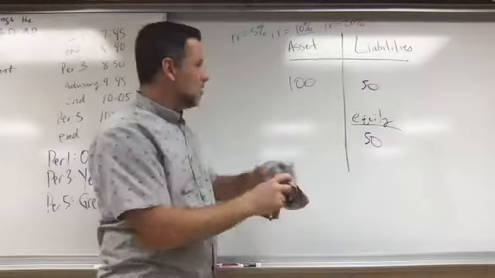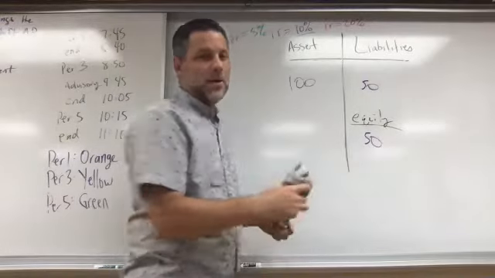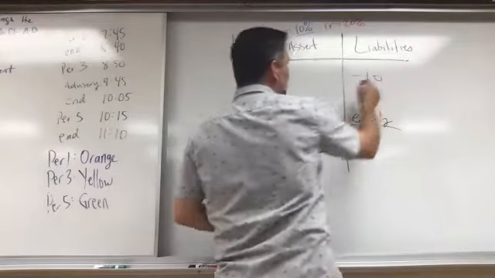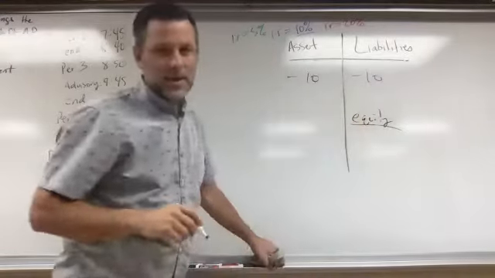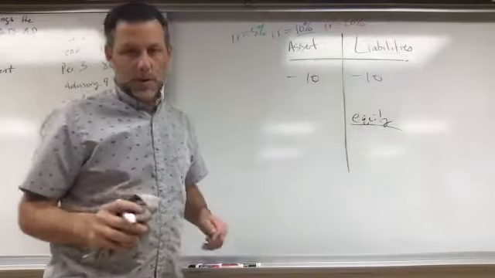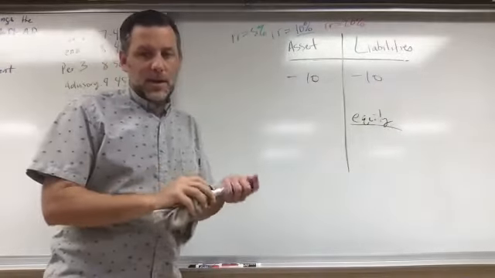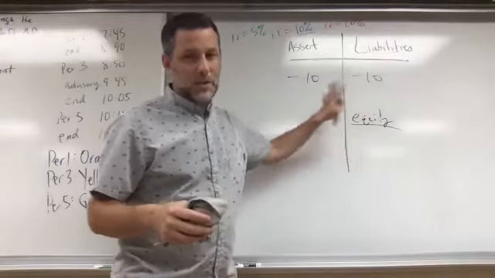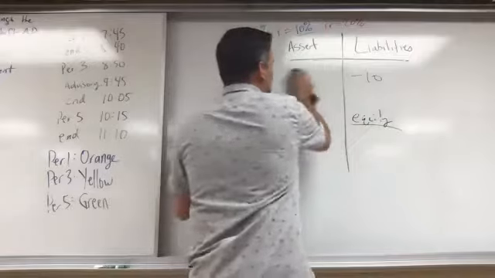As long as it's 100 on this side and 100 on that side, you're okay. If you subtract 10 from this side, then you've got to subtract 10 from this side, right? This is how balance sheets work. Now, obviously, not all businesses have the two sides balance out 100%. I'll get there in a second.